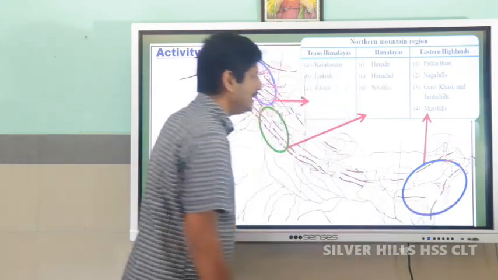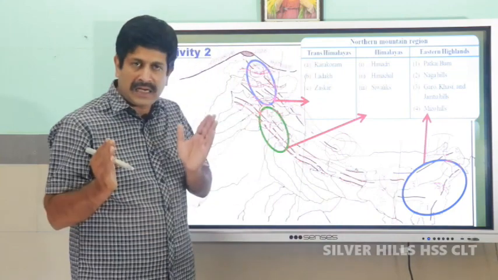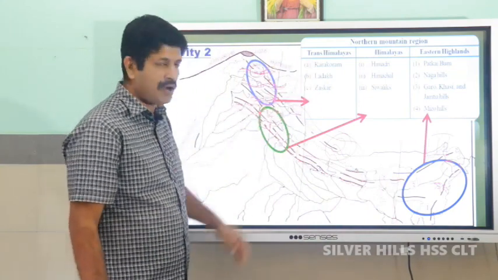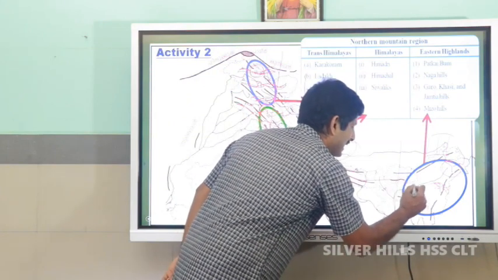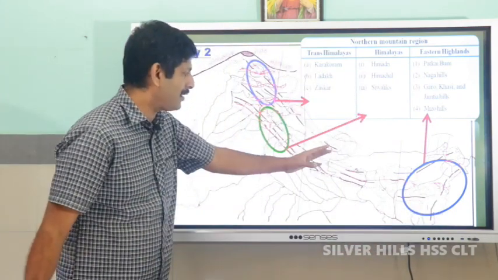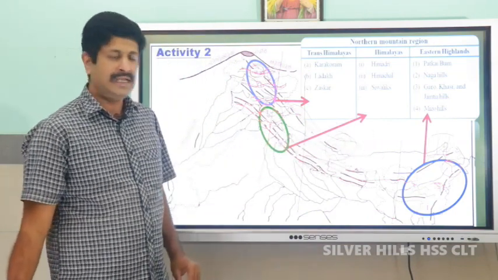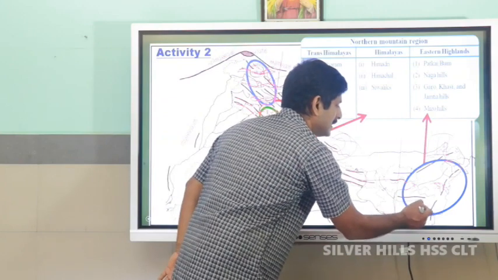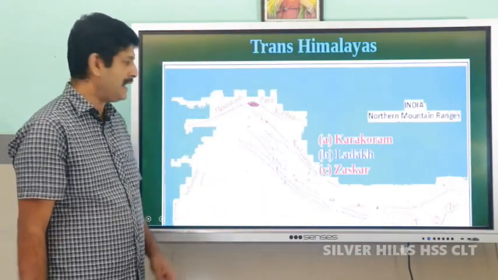The third one comprises 3 important mountains: Garo, Khasi and Jayanti hills. And the fourth one is the Mizo hills. This is all about the Himalaya.